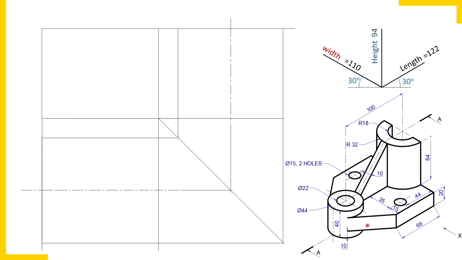Here it is a plate, a horizontal plate, which has two holes of diameter 15 each, and a trapezoidal plate, that is a rib. It connects major parts of the object. That is a rib, a thin plate of thickness 10 mm. So four parts we have identified: a cylinder, a semi-cylinder, a horizontal plate of thickness 20 mm, and a rib, a plate connecting three major parts to increase strength of the object.